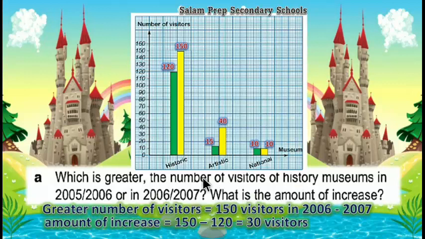Look with me. Historic museum, there are two columns. The first column, green column, 2005, 2006. The second column, 2006-2007.